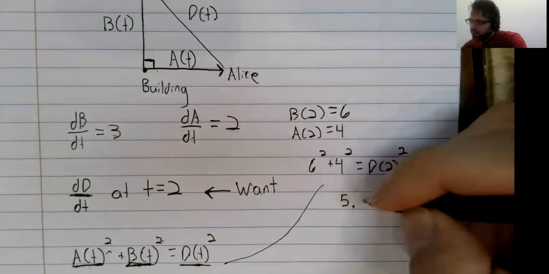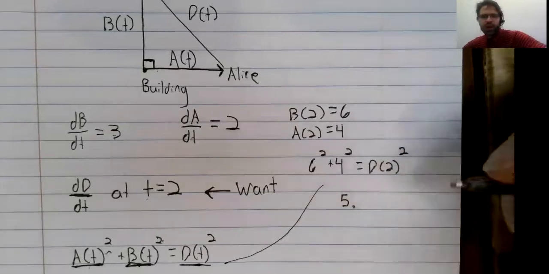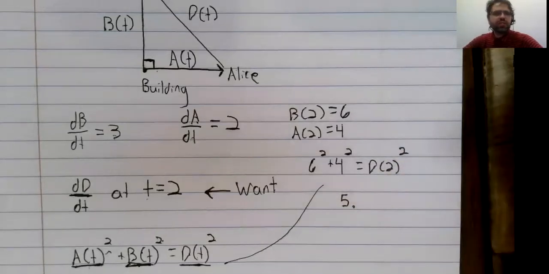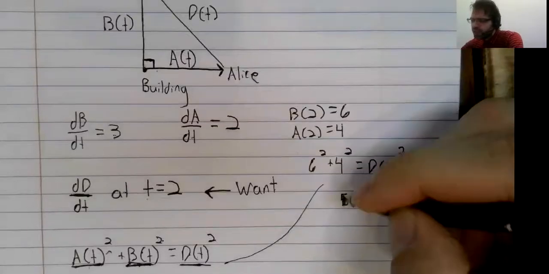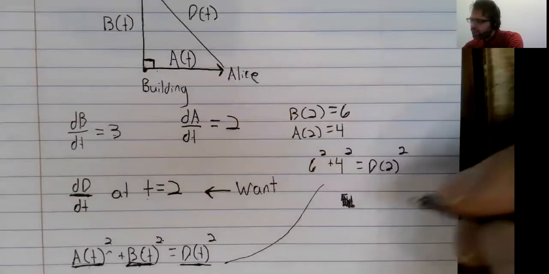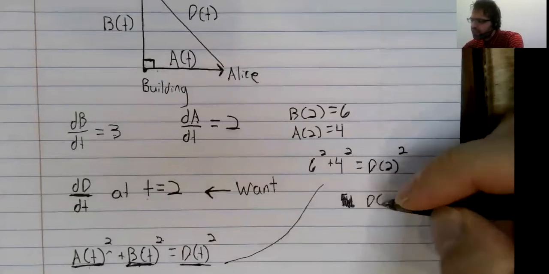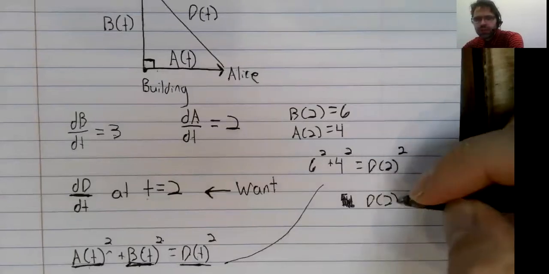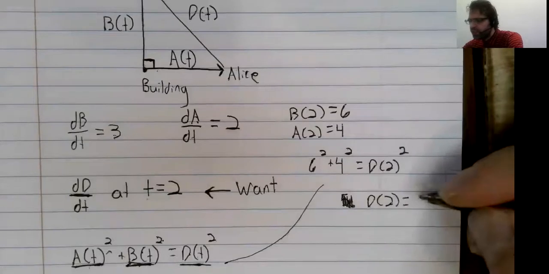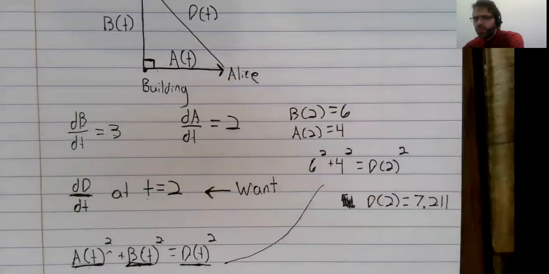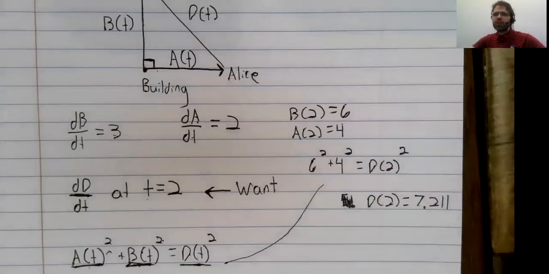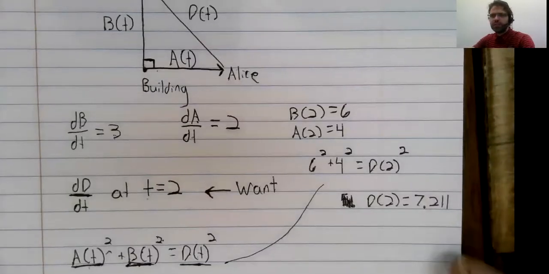I entered something incorrectly into my calculator. D of 2 is about 7.211.